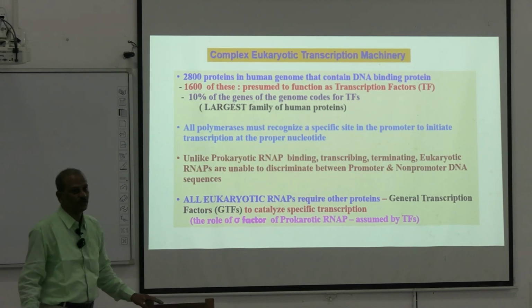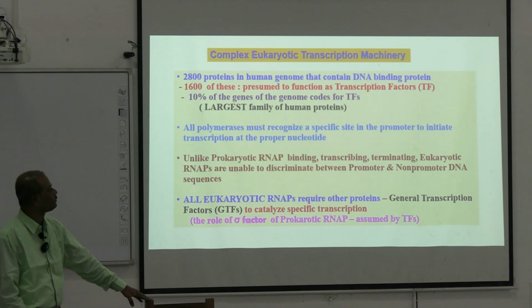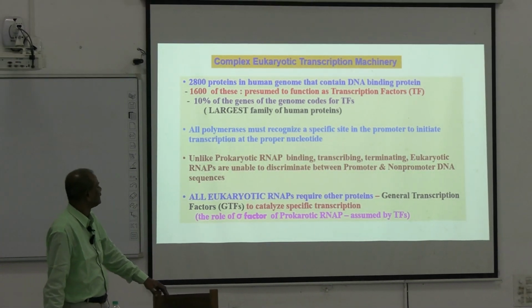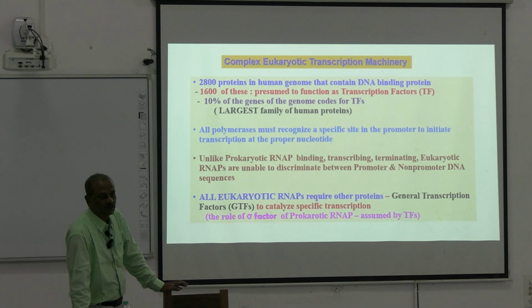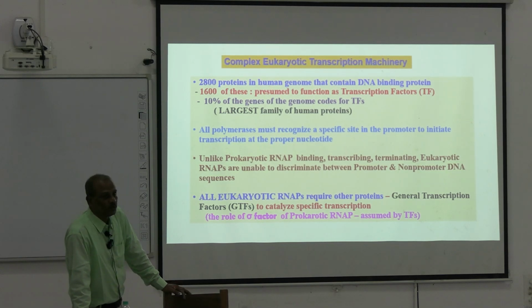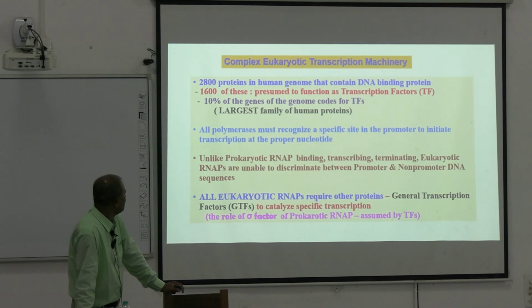In complex eukaryotes, I told you there are about 2,800 proteins in the human genome, and 1,600 of these are associated with transcription factors, that is about 10% of the genes, and this constitutes the largest family. All polymerases must bind to a specific site to function.